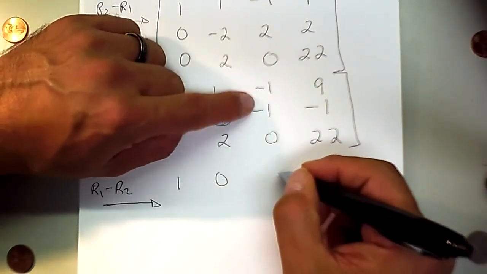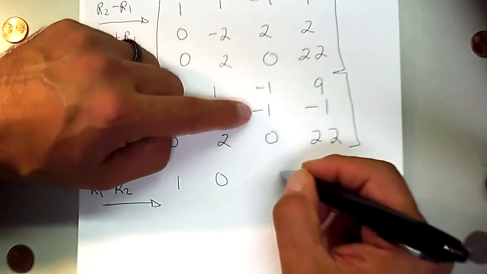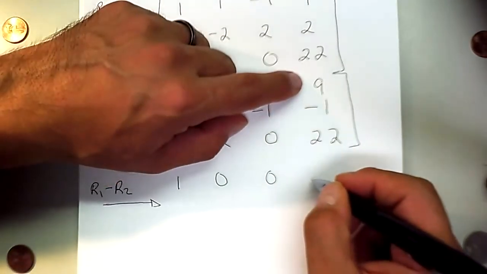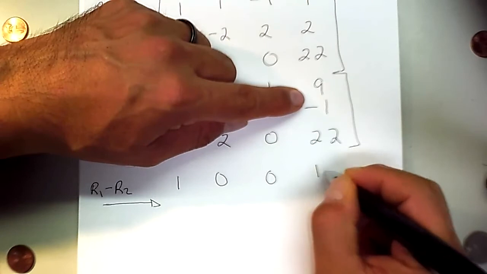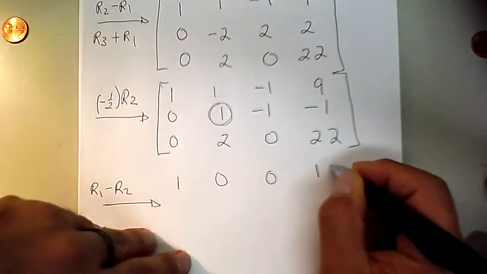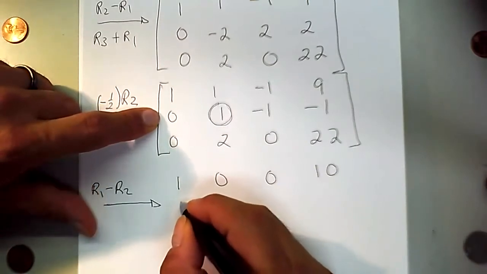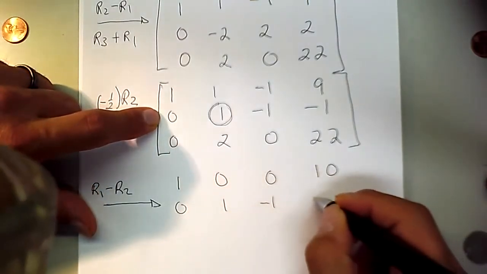Watch out with the negatives, because we're sometimes gonna end up with a double negative. Negative 1 minus negative 1 is also 0. Here we have that again. 9 minus negative 1, that's 10. This row is good as is for now. 0, 1, negative 1, negative 1.